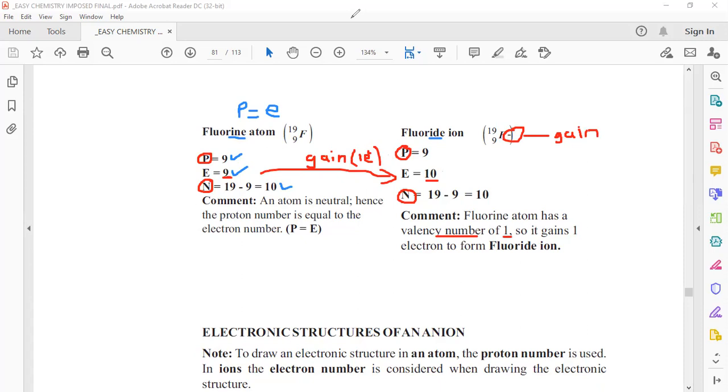We can look at another example. If we have nitrogen, so nitrogen is 14, 7, and we have, so this is not nitrogen, but this is called nitrite, because it is an ion.